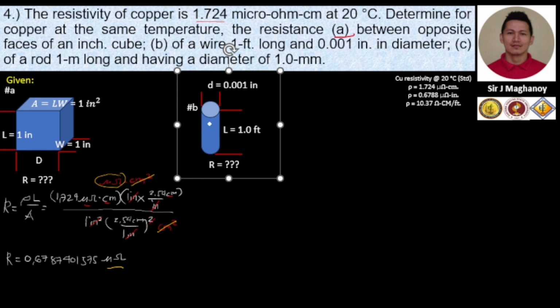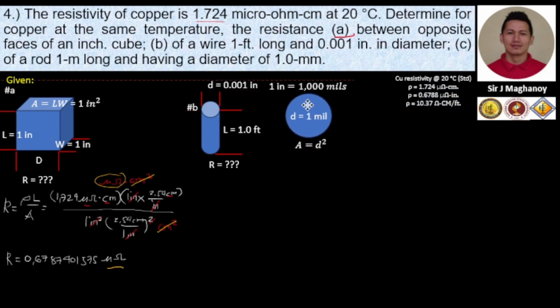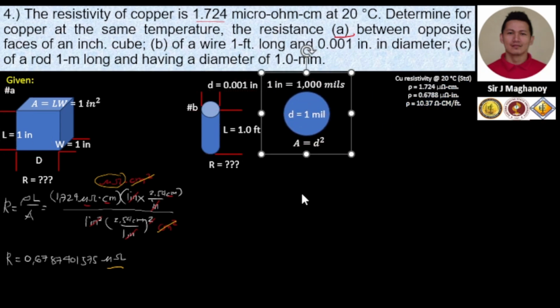So if the diameter here is in inch, we can use the conversion of inch to circular mil. Doing so, if the cross-sectional area of the cylinder is d squared and the unit is mil, we need to convert this inch to mil.